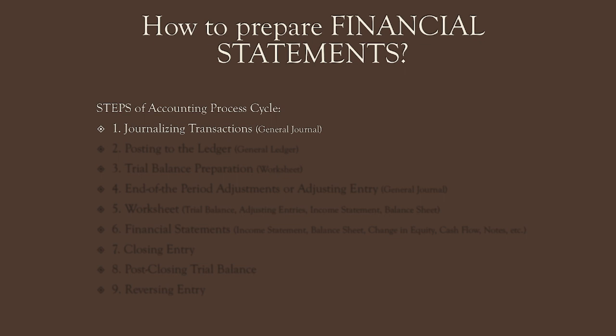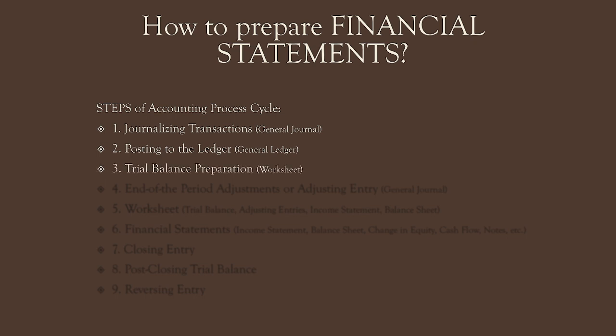So, the first step of the accounting process cycle is journalizing transactions, which will be recorded in a general journal. The second step is posting to the ledger, which will be recorded in the general ledger. The third step is the trial balance preparation, recorded in the worksheet.